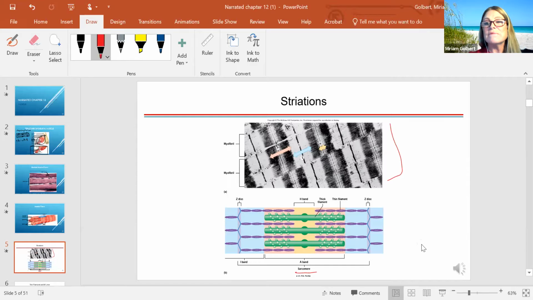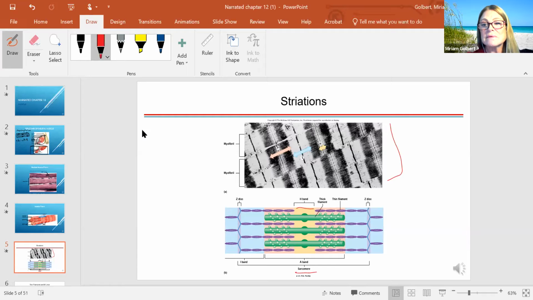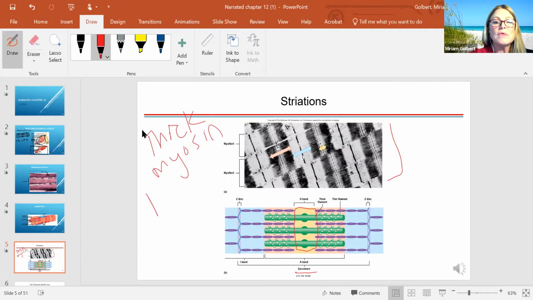Now in the middle of the A band, we have the H band right here. And if you notice, that one only has thick filaments. So what are the thick filaments? Thick is called myosin. And the thin, which are the little purple ones, they're filaments of actin.